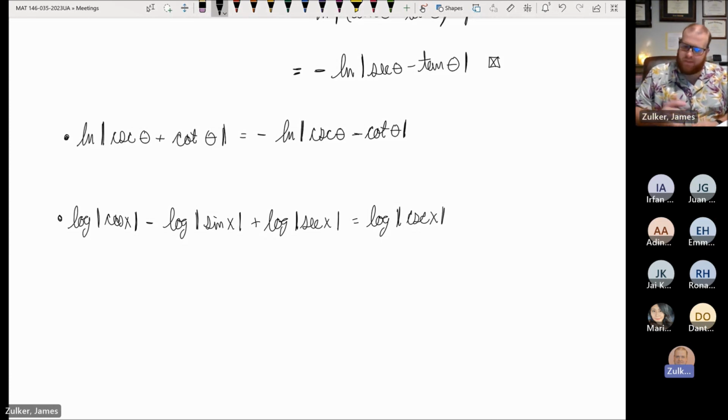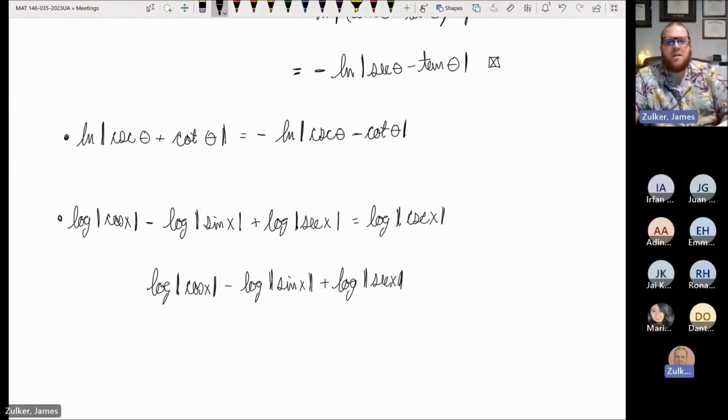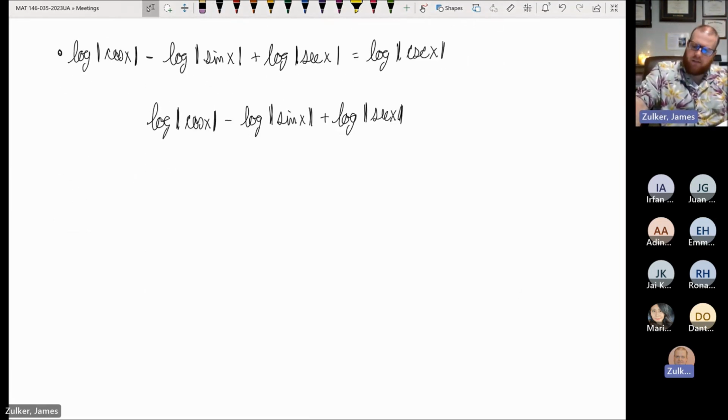Okay. Since addition is commutative and associative, how we write it doesn't matter, and how we group it doesn't matter.